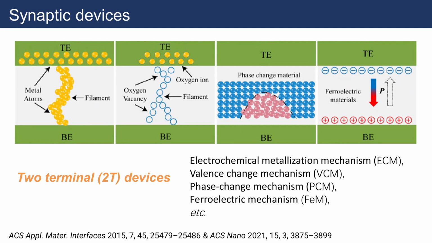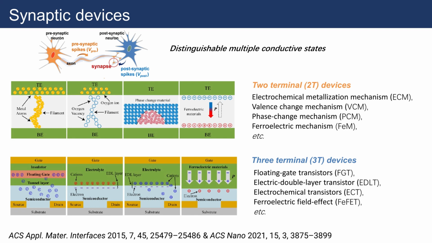The target of the synaptic devices we want is to have distinguishable multiple states, right? So more than two states, more than on and off. We want more states, and ideally they are distinguishable. Those mechanisms enable us to do that.